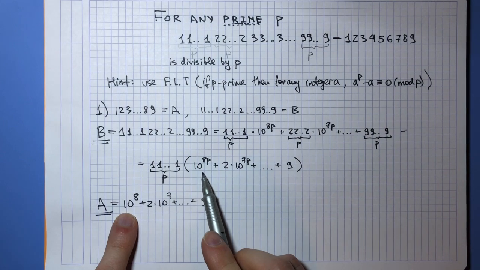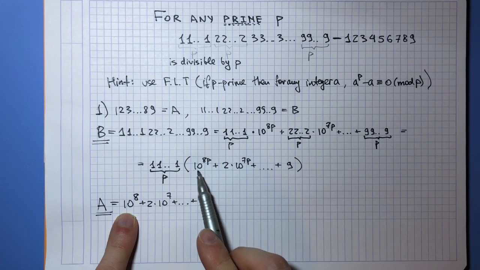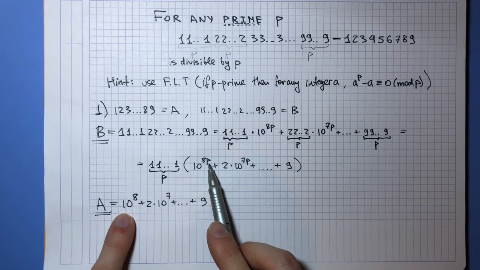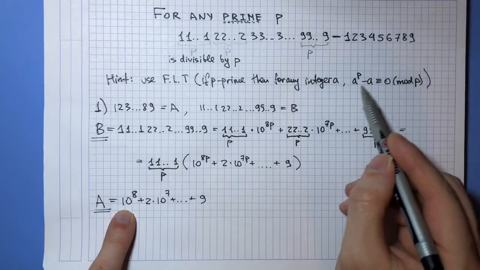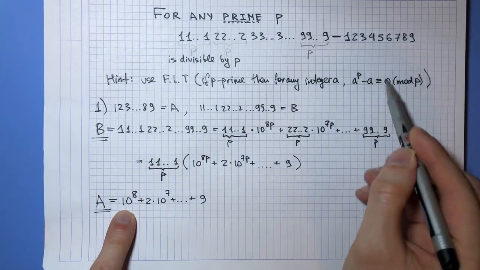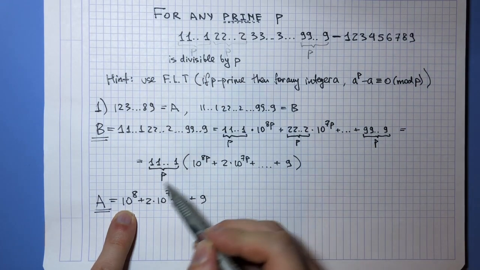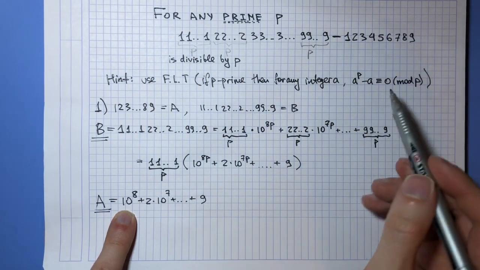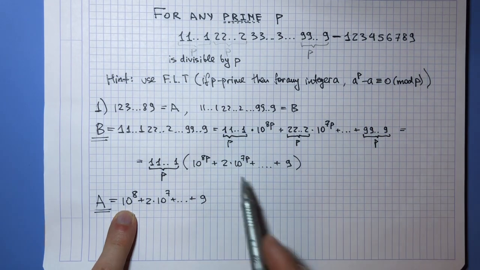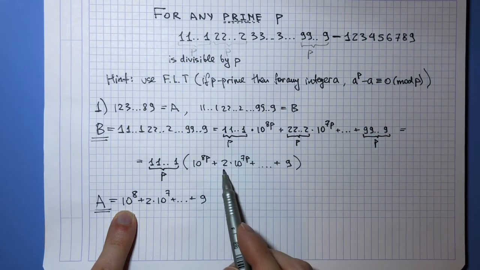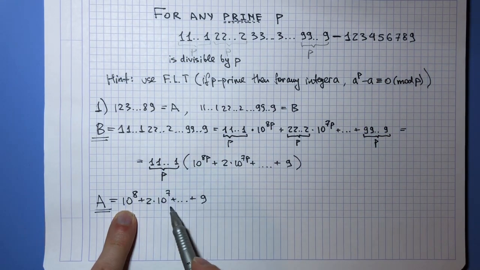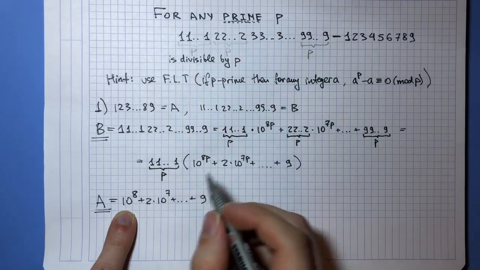Well, if I subtract 10 to the power 8p minus 10 to the 8, I will be exactly in the setting of Fermat's little theorem. So I know that the difference of these two numbers will give me a multiple of p. And the same will be true for the difference of this number, and so on.